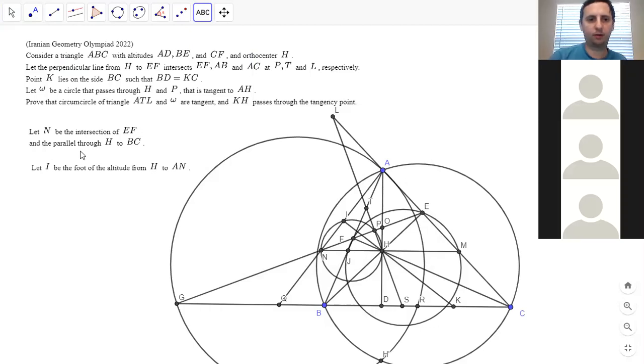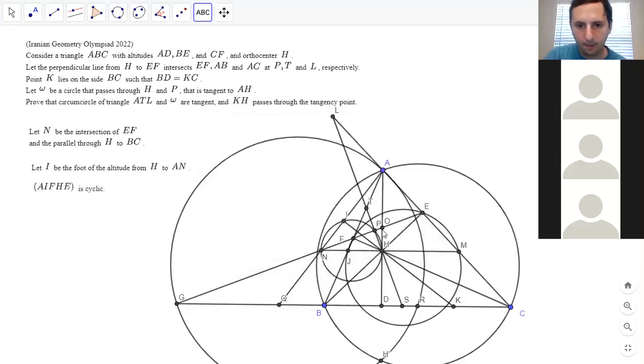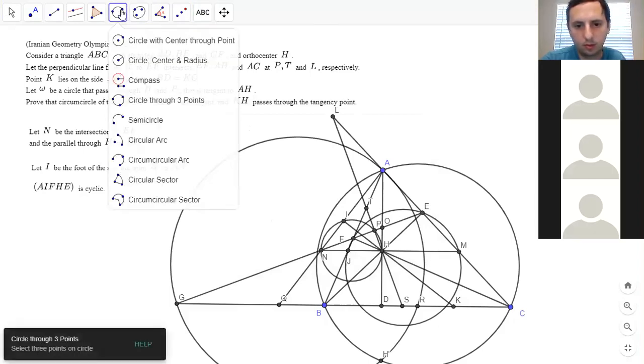AIFHE is cyclic, right? So we define point Q first. Oh, wait, okay. AIFHE, yeah. All right. So point Q is the intersection of AI and BC. Okay.